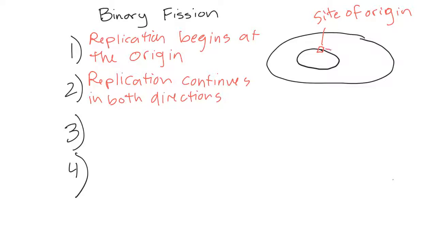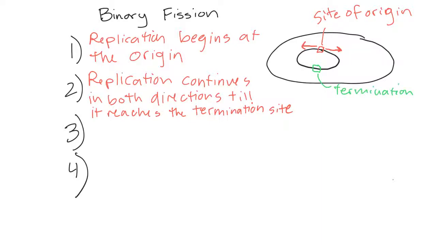Okay, so it'll start adding new pieces of DNA in both directions, until it reaches all the way around and finds another specific sequence which is designed to terminate replication.